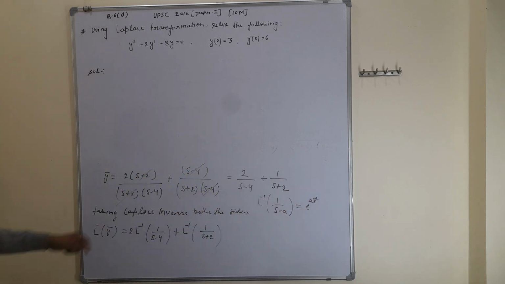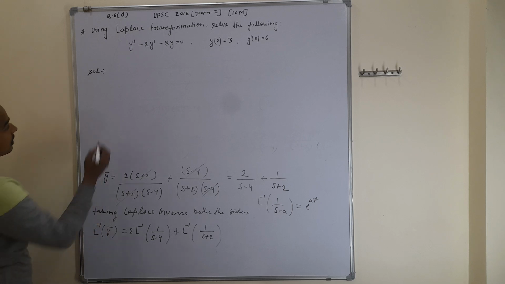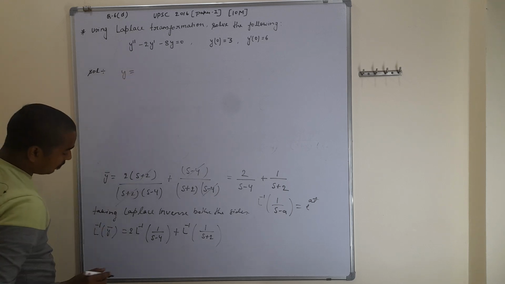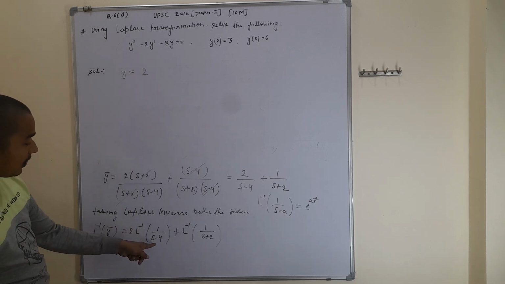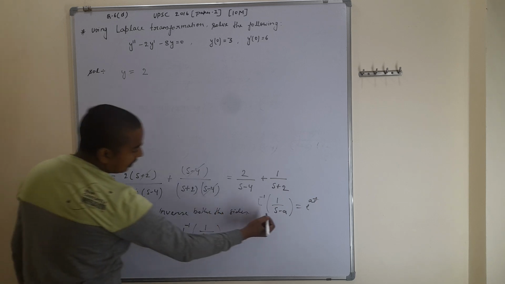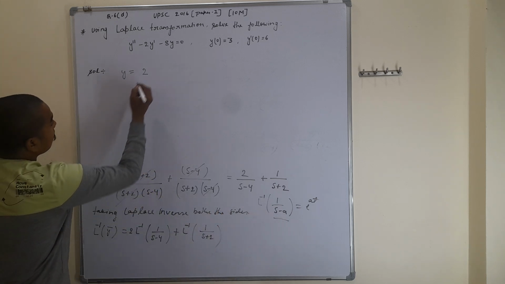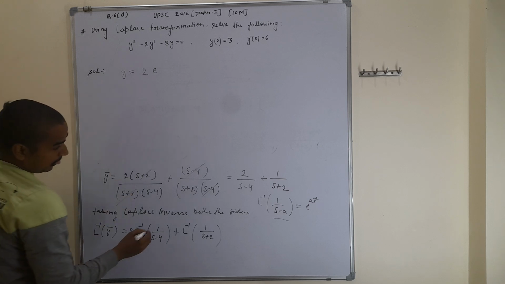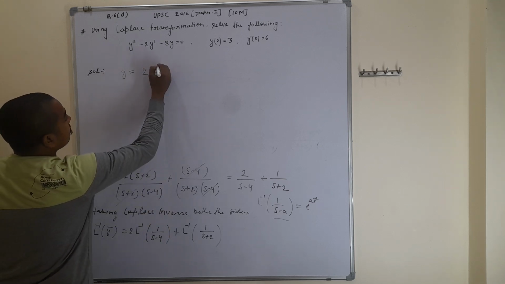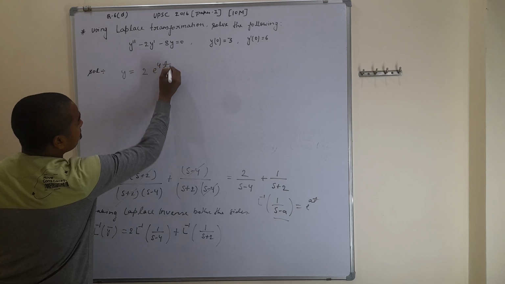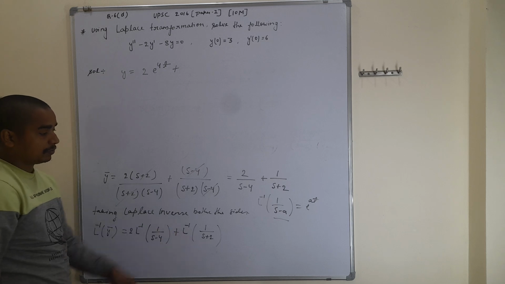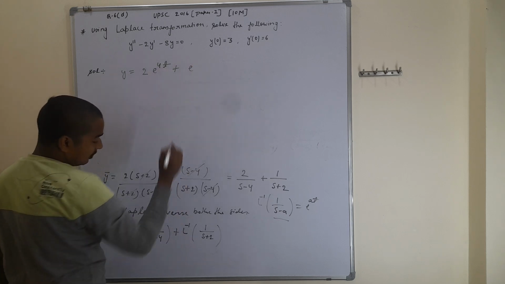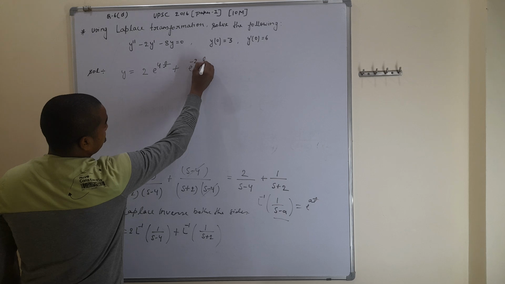Using this formula, Laplace inverse of y bar is y, and from here 2 times Laplace inverse of 1 upon s minus 4 is written as 2e to the power 4t, plus here Laplace inverse of 1 upon s plus 2 is written as e to the power minus 2t.